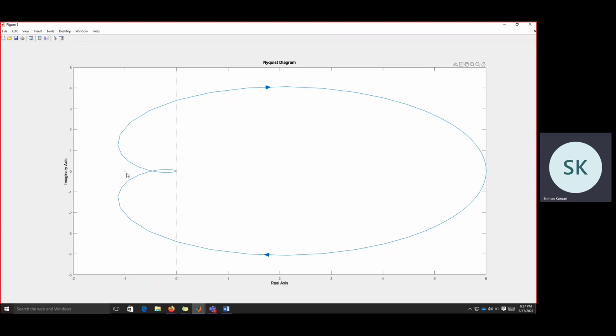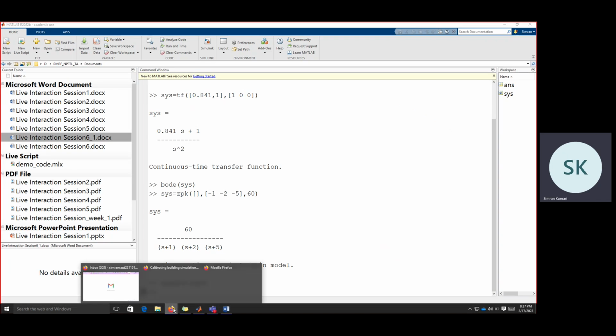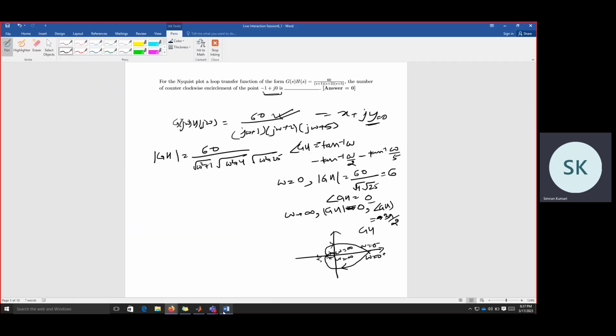And if you can see, this Nyquist plot is not encircling this point minus 1, 0. So that means the number of encirclements is 0. One more thing that we saw is that this system is stable, and this answer is 0.